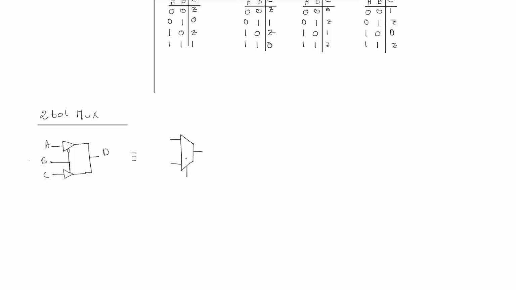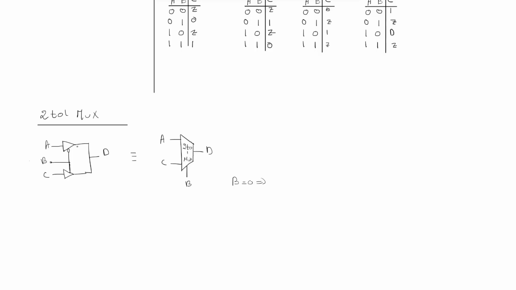So this circuit here is equivalent to a 2-to-1 MUX. So the inputs are A and C, and the control input is B, and then we have the output D. So let's see how. When B is 0, we have a bubble here, so this will be 1.